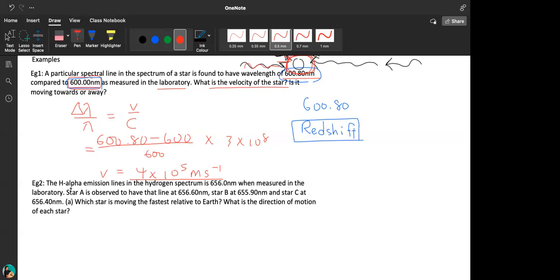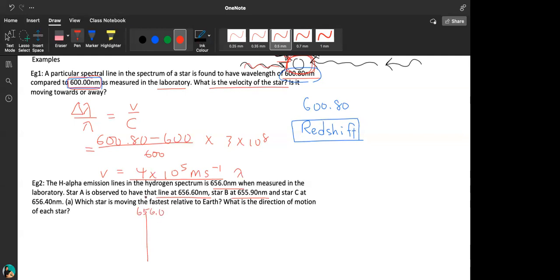Okay, number 2. The H alpha emission line in the hydrogen spectrum is 656 nanometer when measured in the lab. So that's the actual wavelength. Star A is observed to have that line at 656.8, star B is at 655.9, and star C is at 656.4. Which star is moving the fastest? We just plot. That's the actual, 656.0.